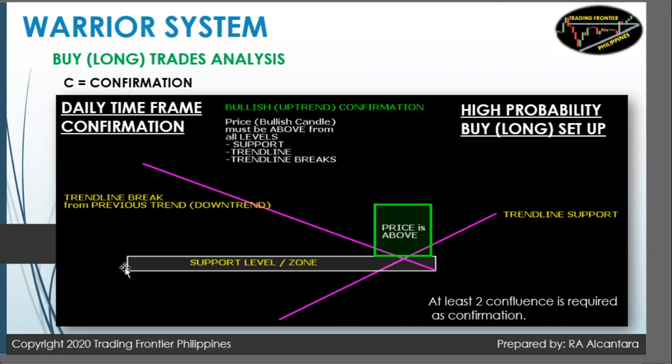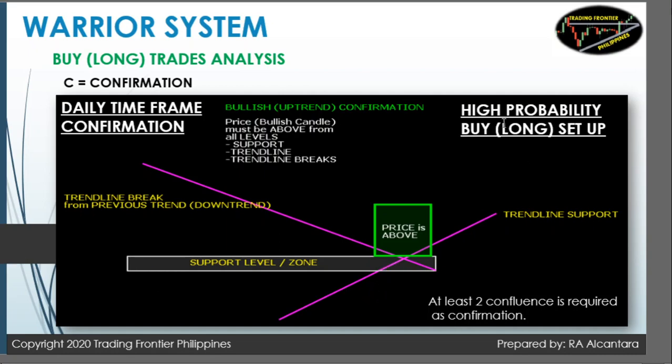You are above the horizontal support level or zone, you're above the trend line support, and you're above the counter trend line break. It doesn't mean you always have to be at these three levels. At least two confluences will do, right? But if you're above all these three levels, that will make you what?